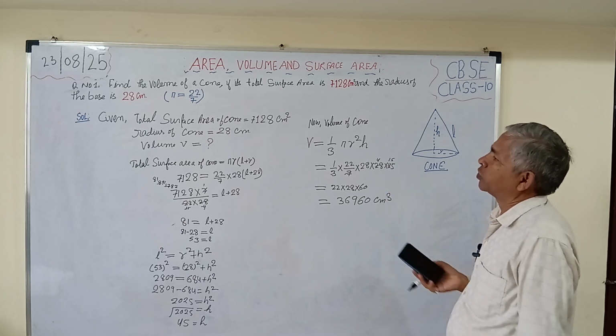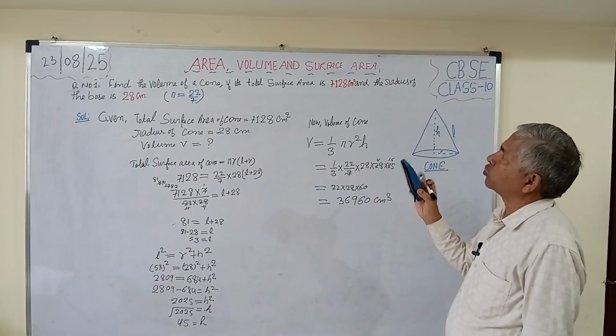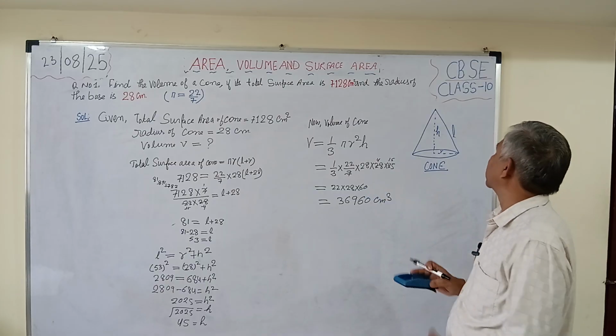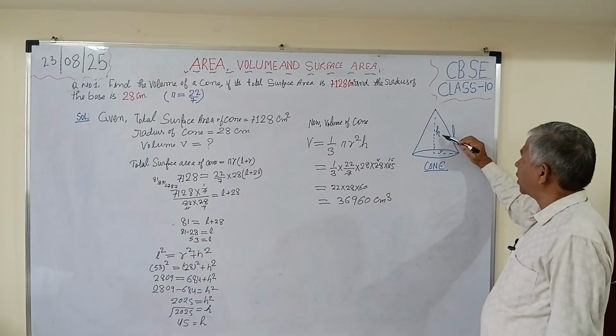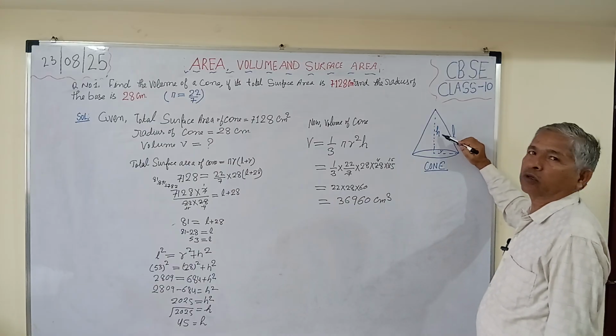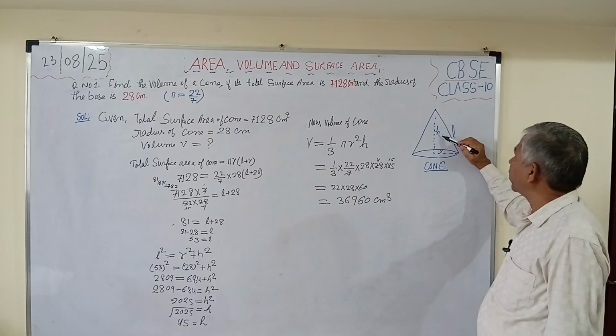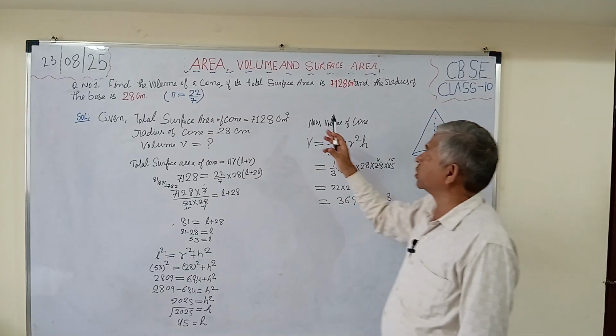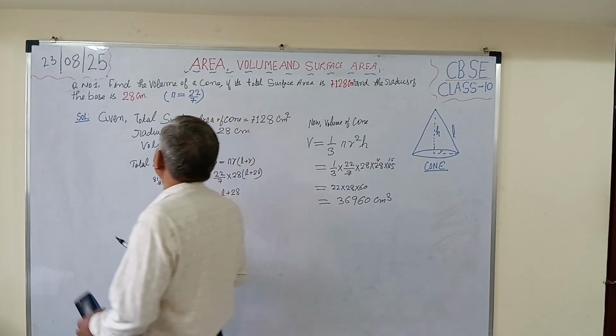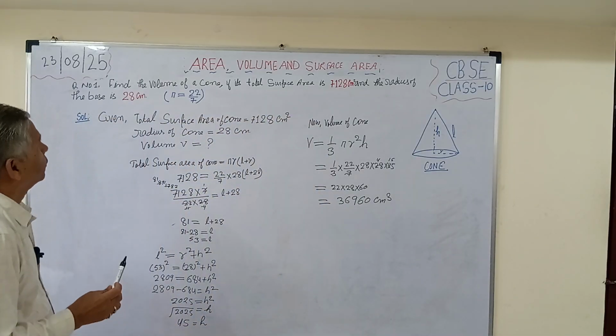So we have to first find out the slant height of the cone, then height of the cone, because in the volume, height of the cone is required to be calculated, and radius. So in this way we can solve this question. Now let me repeat this question in Hindi.